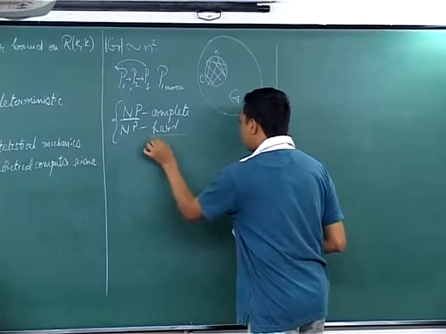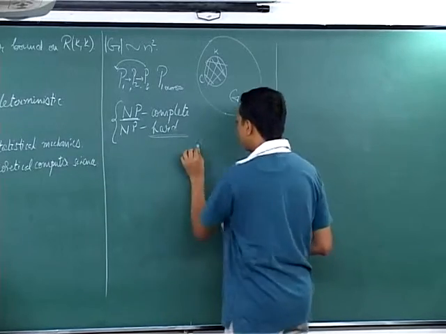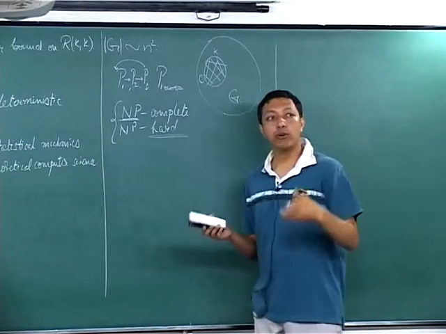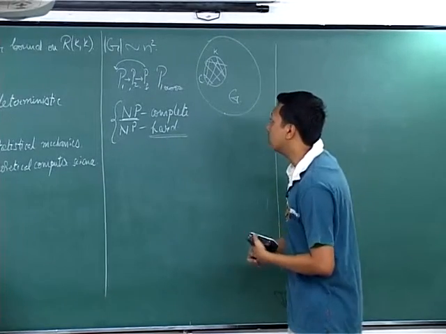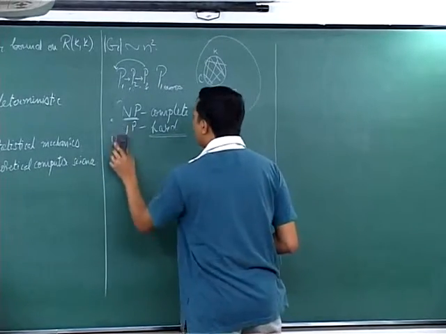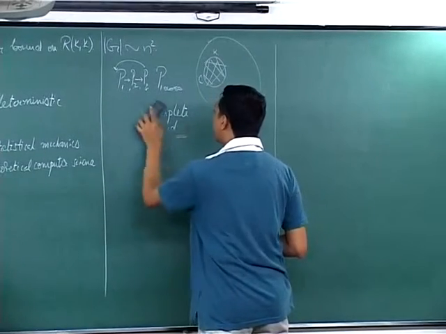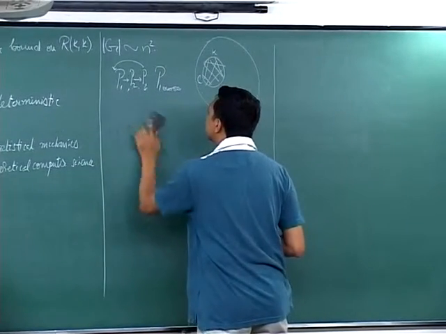So what this means is, in the optimization version, you are just given a graph and you want to find the maximum sized clique, okay. So you are not given the number k. That's the difference.